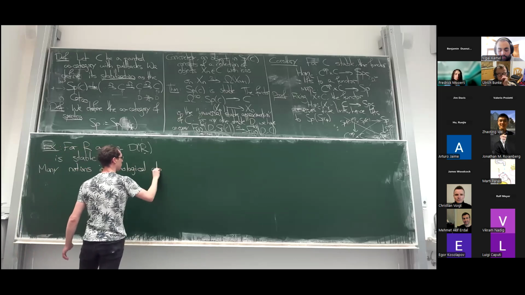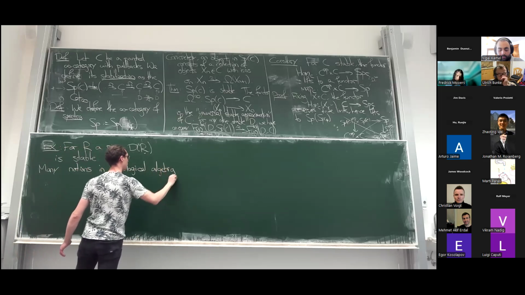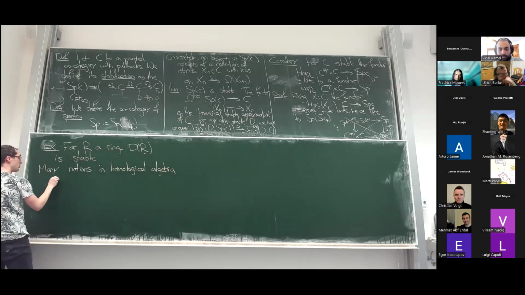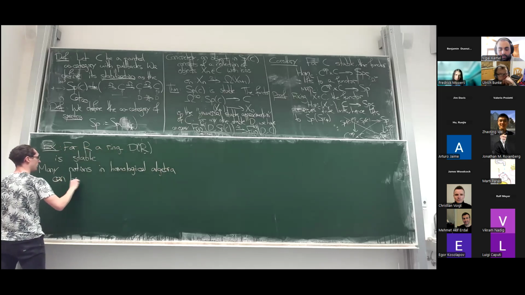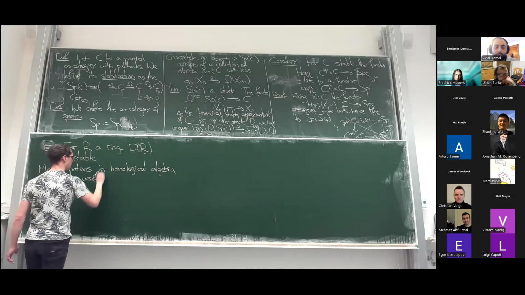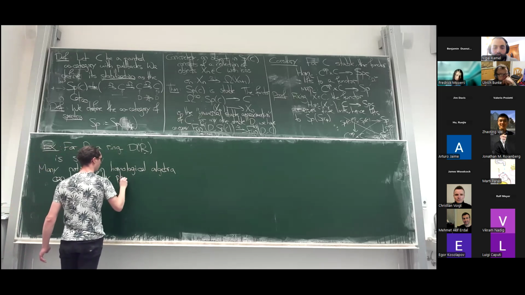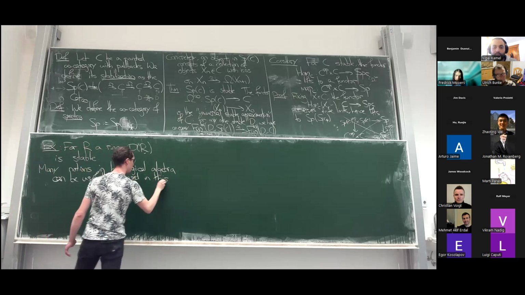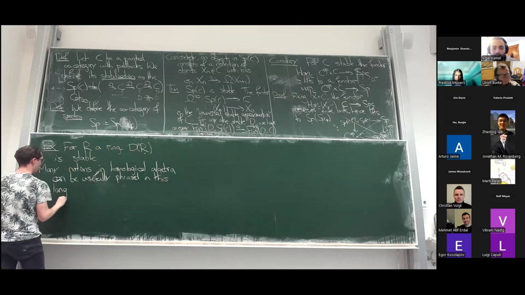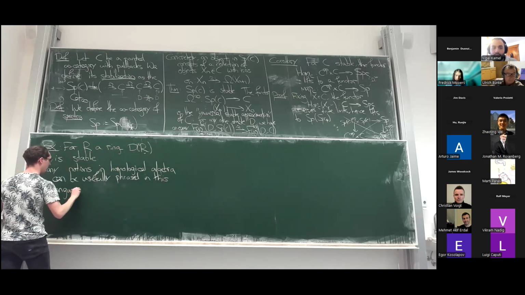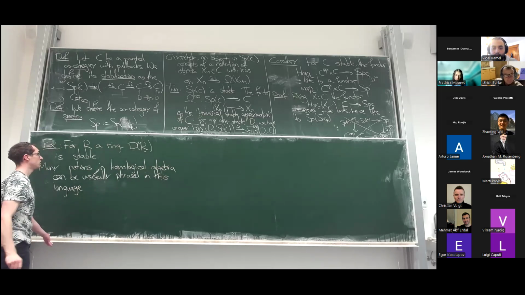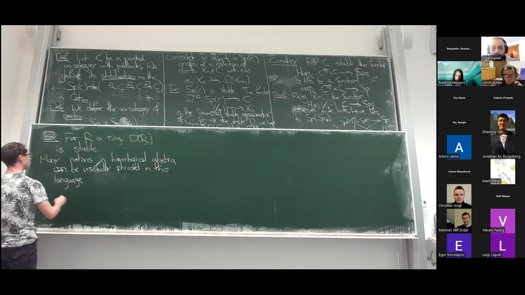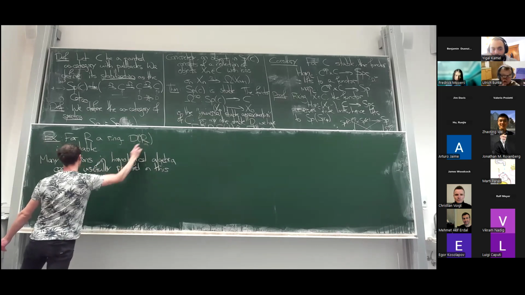There are many notions in homological algebra, like derived tensor products, for example, that can be just phrased as structures on this stable infinity category.